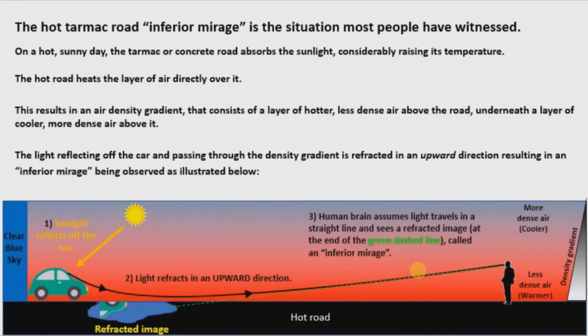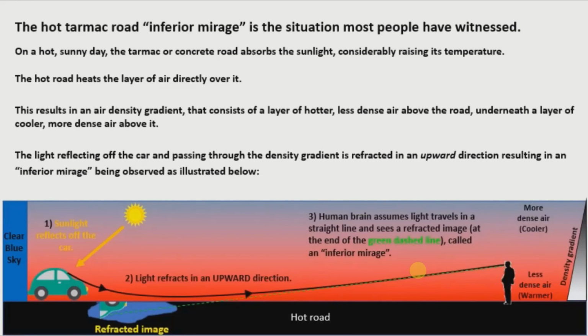This results in an air density gradient that consists of a layer of hotter, less dense air above the road, underneath a layer of cooler, more dense air above it. The light reflecting off the car and passing through the density gradient is refracted in an upward direction, resulting in an inferior mirage, being observed as illustrated below.